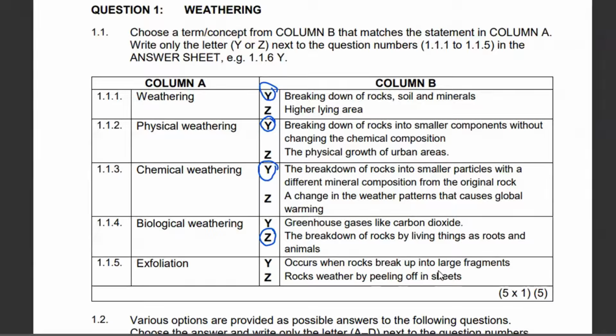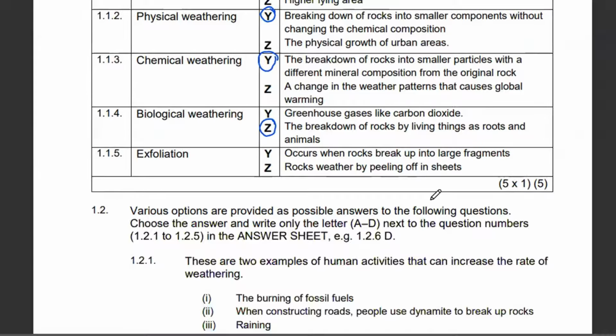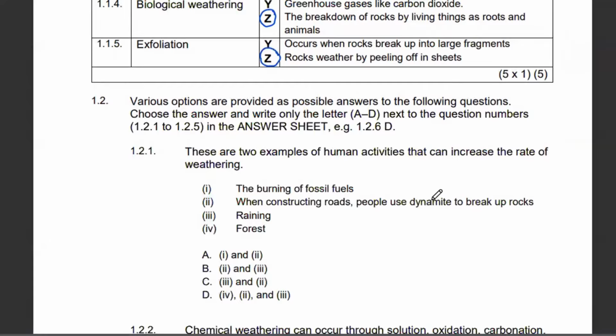The first one, Y, occurs when rocks break up into large fragments. Another one, Z, is rocks weather by peeling off in sheets. So here our answer is Z, which says exfoliation: rocks weather by peeling off in sheets. All right, there you get 5 marks. It's allocated 5 marks.